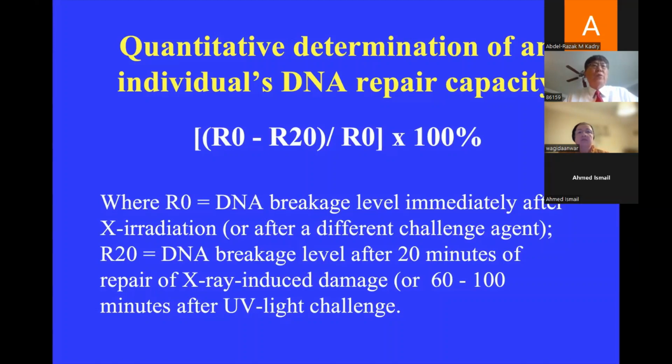R20 for the COMET assay is the DNA breakage level 20 minutes after X-ray induced damage, or 60 to 100 minutes after UV light. We have this condition worked out, times 100. In that case, we have a quantitative determination of a single person's repair capacity based on our assay.